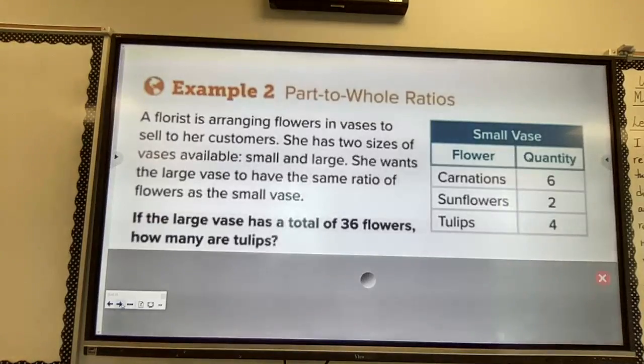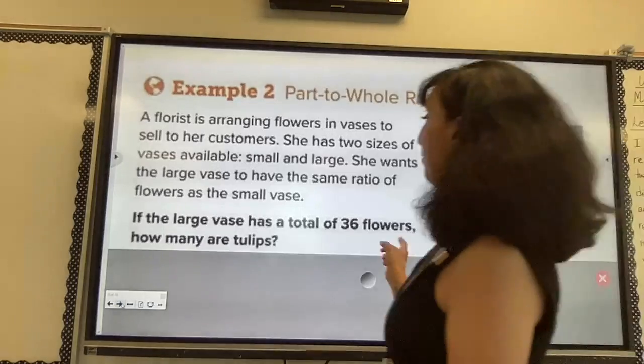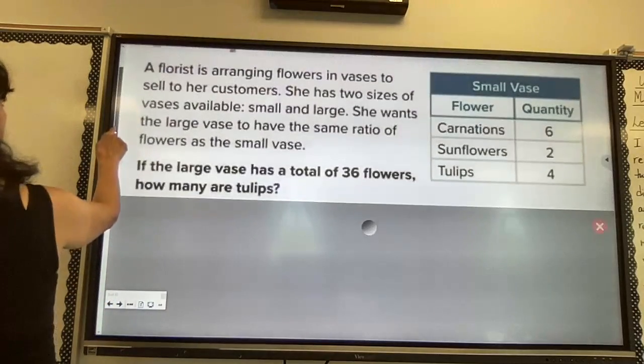All right, so we can use a bar diagram to represent the ratio of tulips to total flowers for the same vase. Okay, so if I look at this once again, I'm going to look at how many tulips do I have. Okay, here we go.